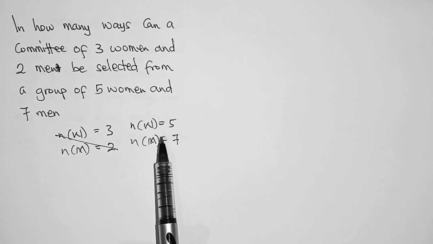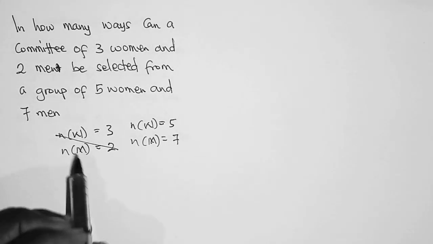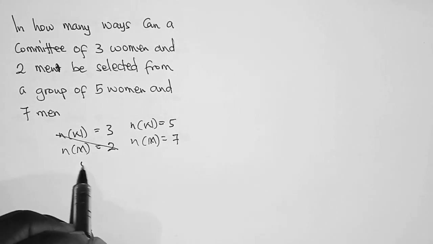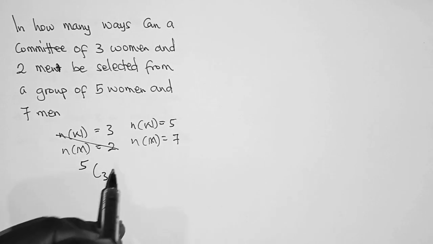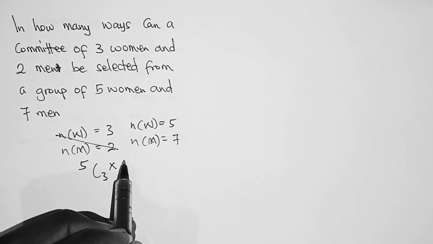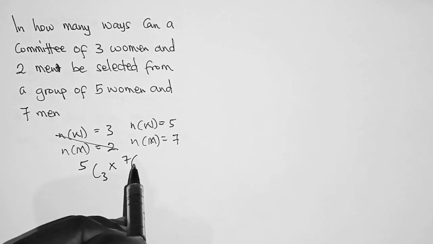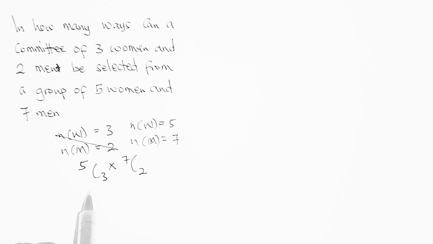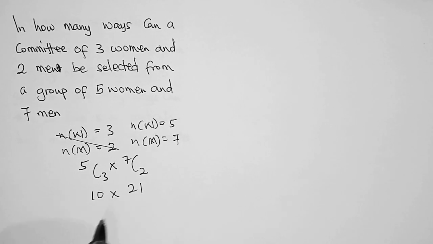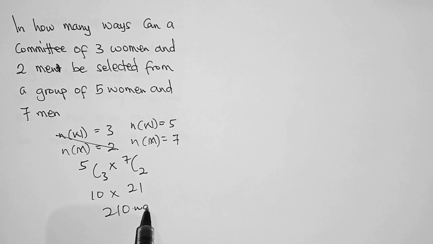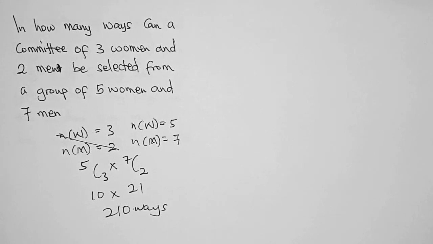So at the end of the day, it's going to be 5 combination 3, then times 7 combination 2. 5 combination 3 is 10, times 7 combination 2 is 21. So 10 times 21 is 210. So there are 210 different ways of doing that.